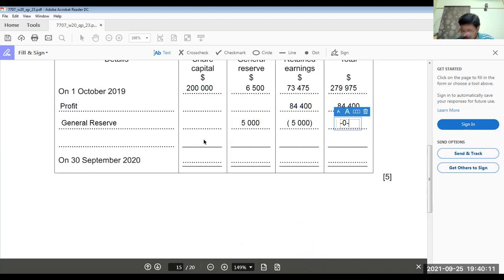Then we have dividend paid. Yes, dividend paid 2,000.